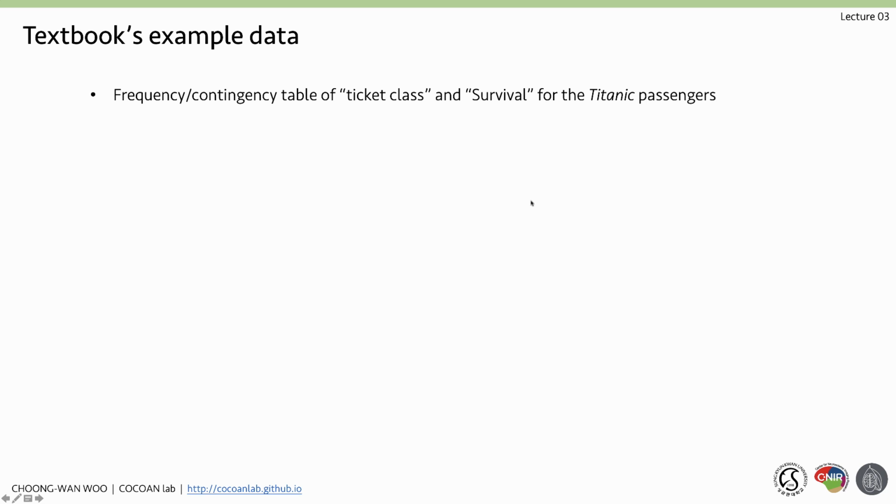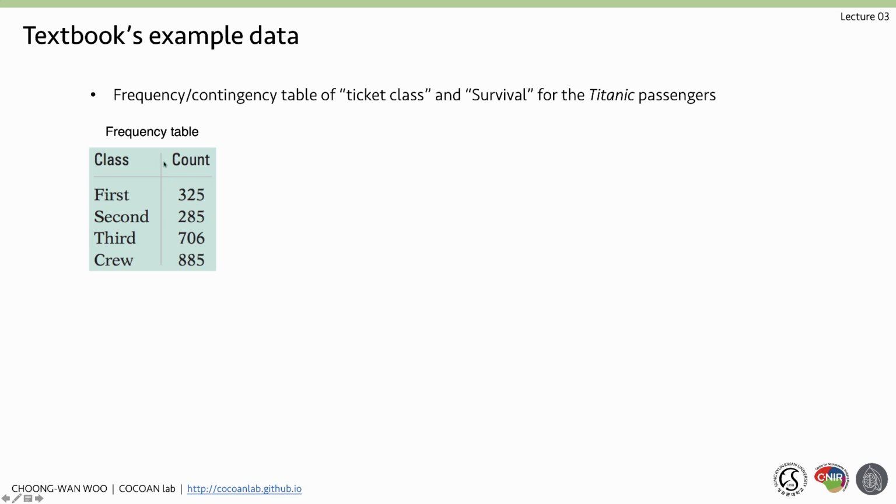So there are some textbook example data. This is a frequency and contingency table of ticket class and survival for Titanic passengers. You know the Titanic, right? There was a tragic accident and many people died. So this is the frequency table for the class: first class, second class, third class, and crew members.